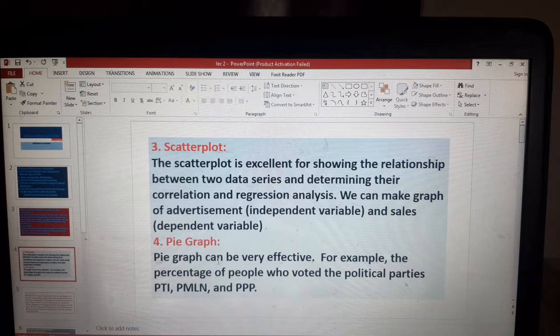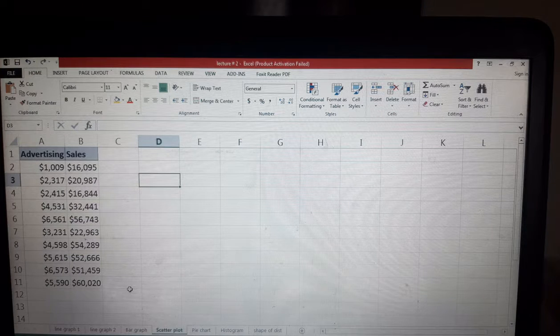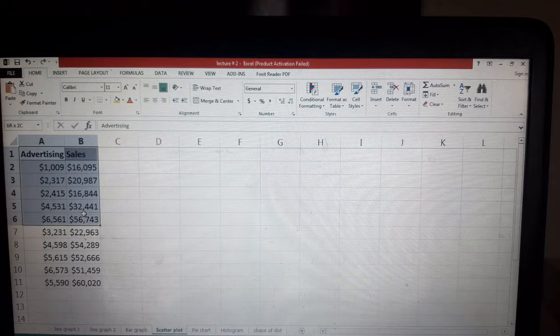Pie chart. A pie chart can be very effective. For example, the percentage of people who voted for the political parties PTI, PMLN, and PPP. This is the data of the effect of advertising on sales, and here we can make a scatter plot by selecting both columns with labels.